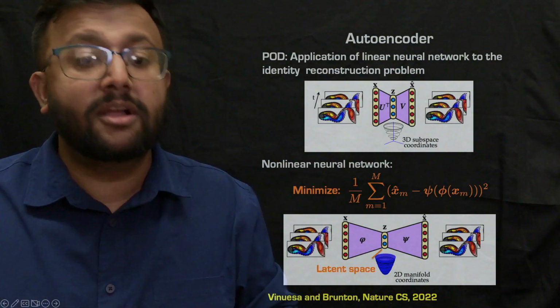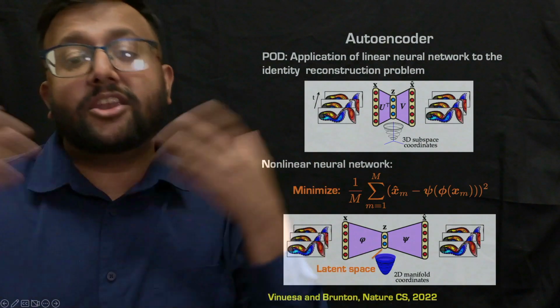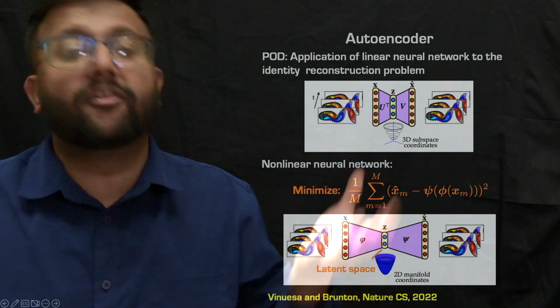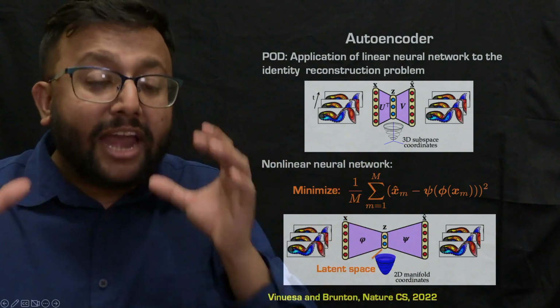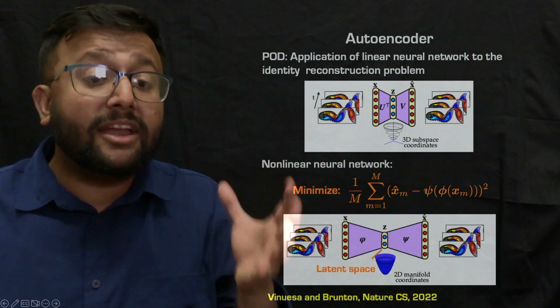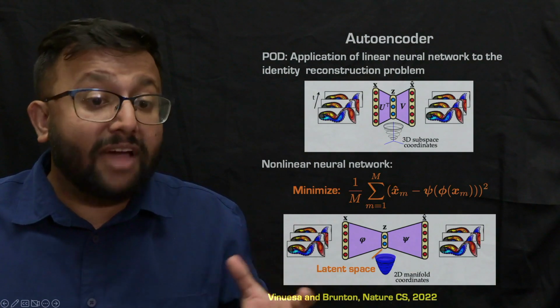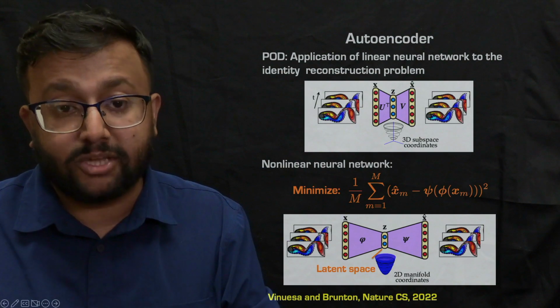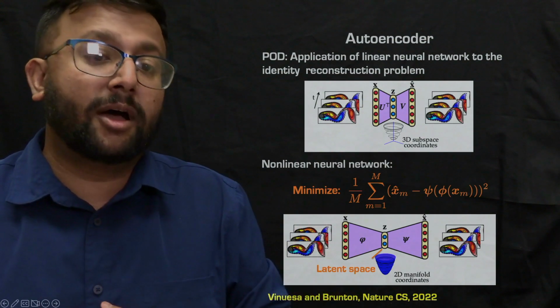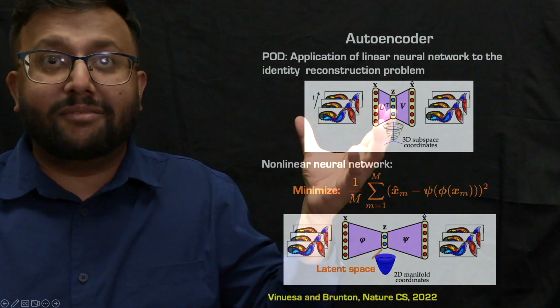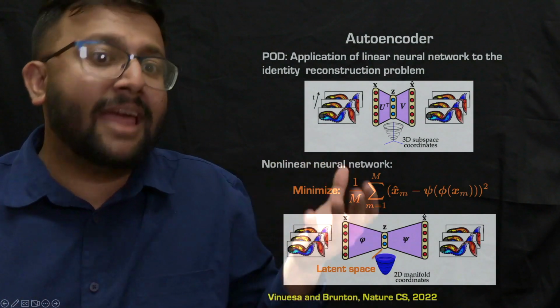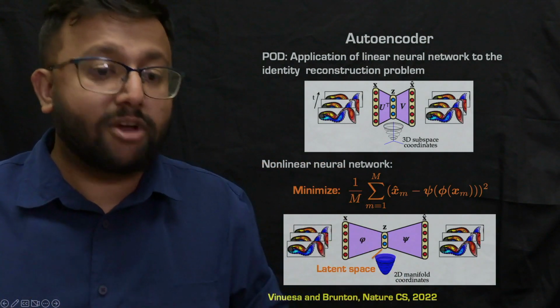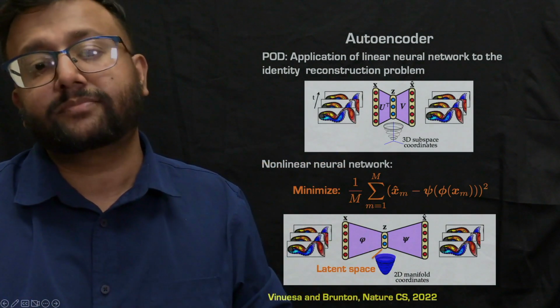First you apply the encoder, which is phi of x of m, and then you apply the decoder, which is psi of phi of x of m, and you're trying to minimize this error. If you can do this really well with the most compressed representation of Z possible, then you have essentially discovered an inherent low-dimensional structure of the data, right?